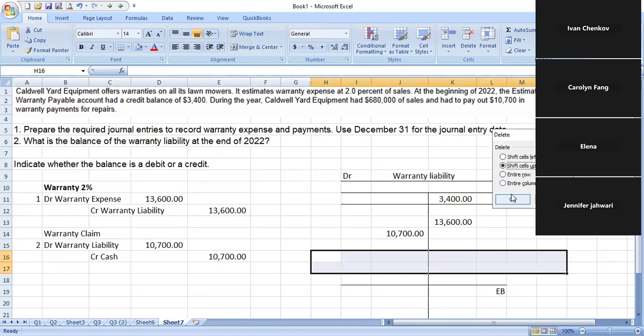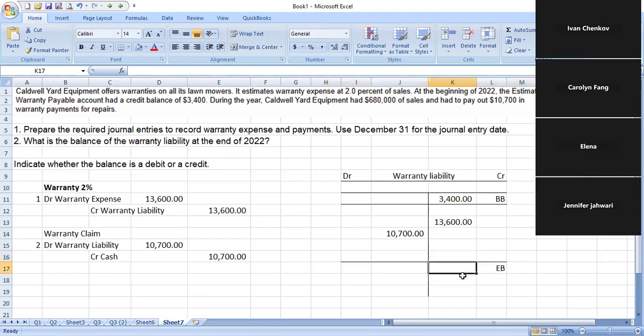Where are we going to end up? Well, simply we're going to get the beginning balance plus the credit minus the debit, and that's going to give us a 6,300 ending balance.